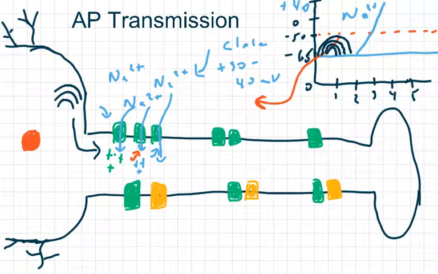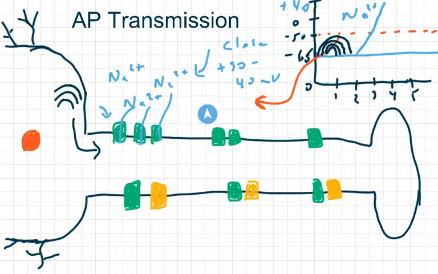And so what happens is we no longer see this influx of sodium ions when we start hitting this 40 millivolt value. And when the voltage-gated sodium ion channels close at this 40 millivolt state, they become inactive for a certain period of time.